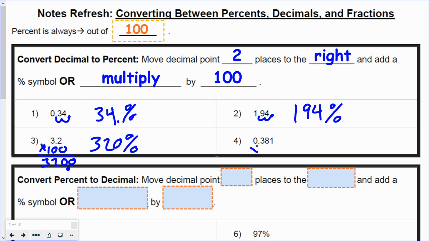Same thing over here. If I was to multiply by 100, you basically add your 2 zeros, put your number down, and then 1, 2, 3. So 1, 2, 3. That blue is kind of hard to see on there. I'm sorry. So 38 and 1/10%.